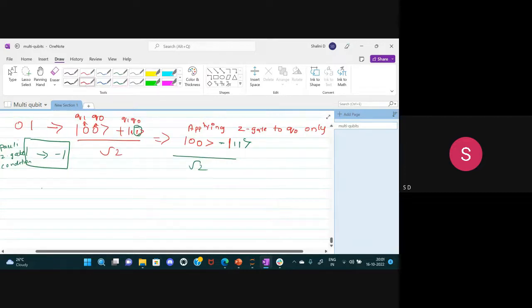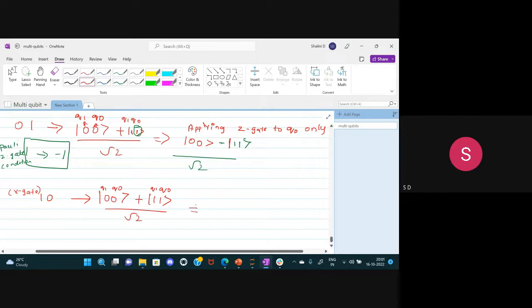Next is 10. We are sending the 10 message. For this, we are applying the X gate. The default state is (00 + 11) divided by root 2, with Q1 and Q0.